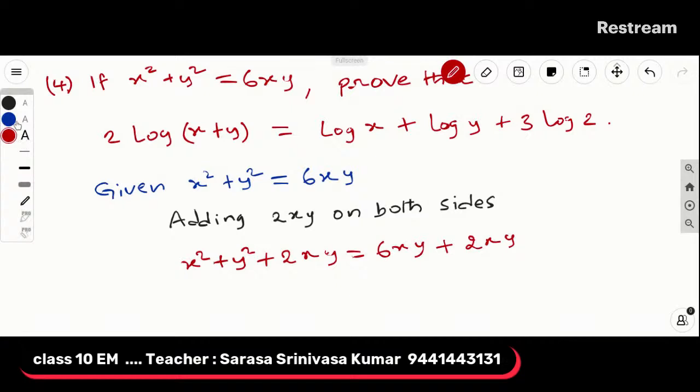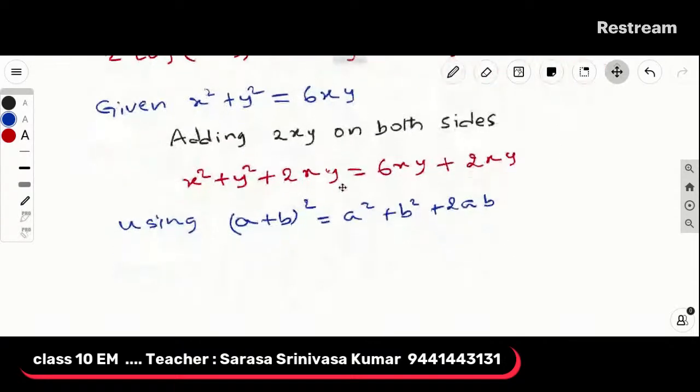Hence, using the formula, otherwise I will write it in terms of a and b: (a plus b) whole square equal to a square plus b square plus 2ab.